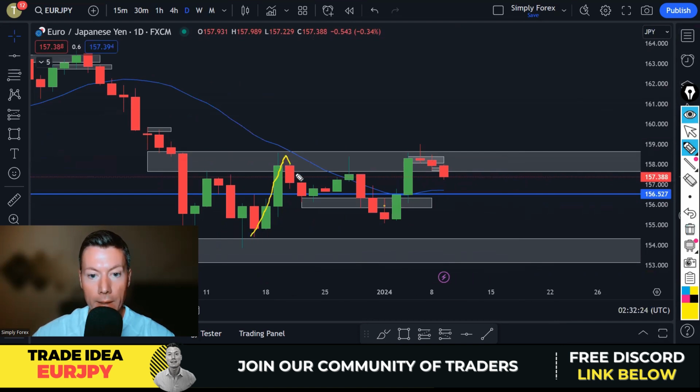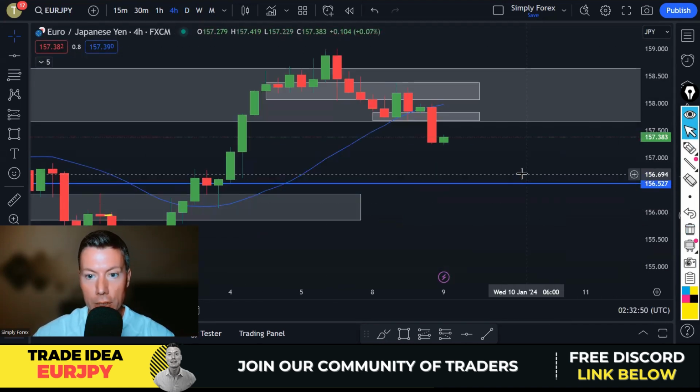We are in a downtrend, lower lows, and we're starting to see a bearish reaction at these last highs and this area of support. The idea, guys, is to take price back down to the first piece of support we're going to see here, and this psychological level of 156.50. So that's why we like it.